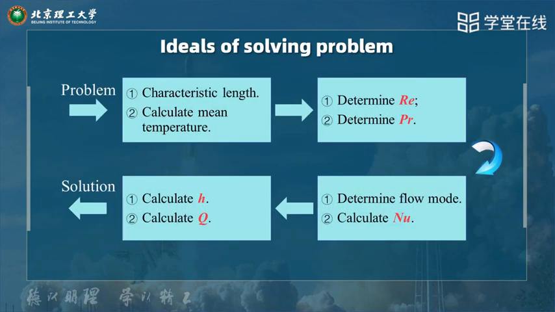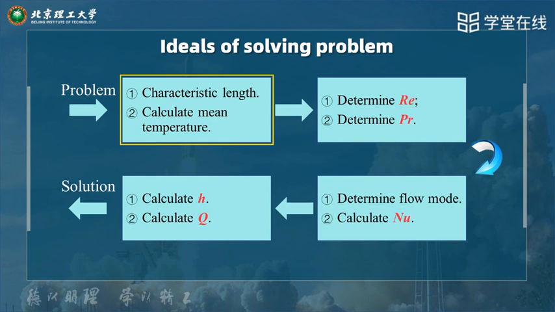Okay, we simplify to get the 5 steps. Firstly, when we obtain the problem, the first step is to obtain the characteristic length and calculate the mean temperature, because the free stream temperature and the solid surface temperature are different. So we should calculate the mean temperature.